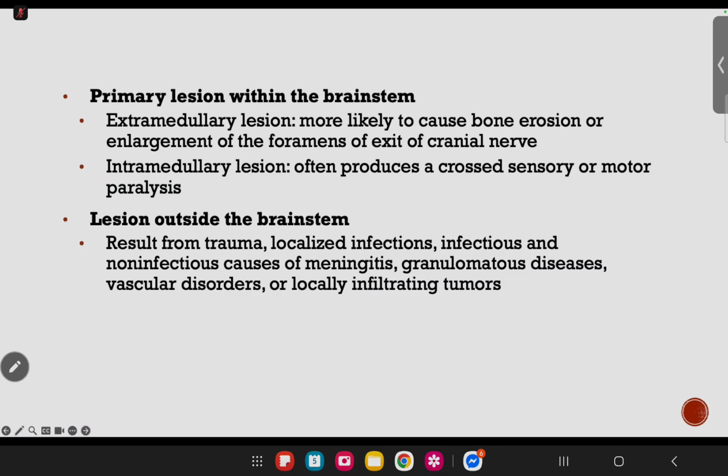Involvement of multiple cranial nerves outside the brainstem is frequently the result of trauma, localized infections including varicella zoster virus, infectious and non-infectious causes of meningitis, granulomatous diseases such as granulomatosis with polyangiitis, Behcet syndrome, vascular disorders including those associated with diabetes, enlarging aneurysm, or locally infiltrating tumors.